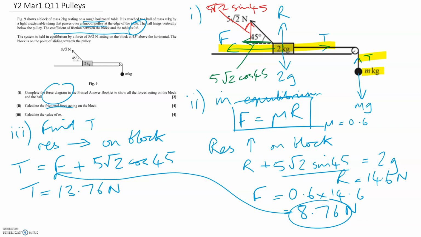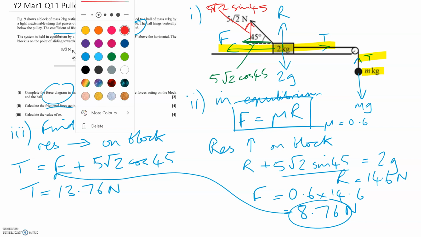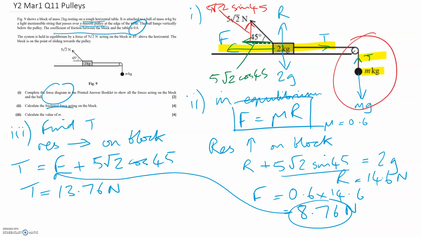And so the last bit, we need to resolve vertically over here to find out what the value of m is. So if we now resolve vertically on the ball, we'll get all the forces going up, which is T, equal all the forces going down, which is the weight mg.